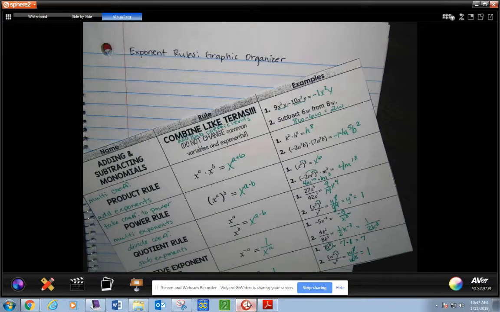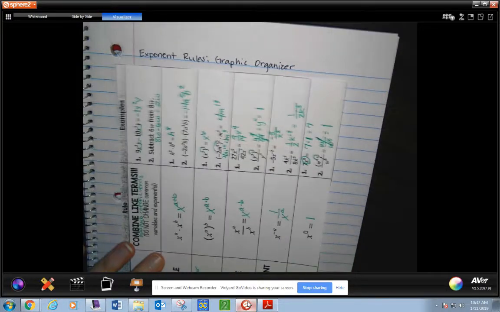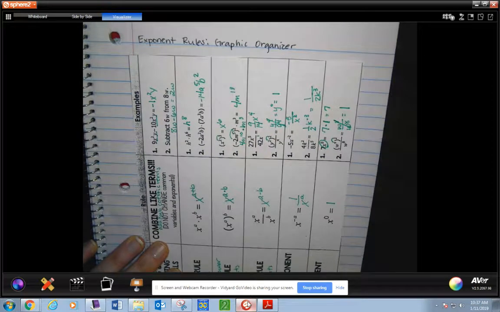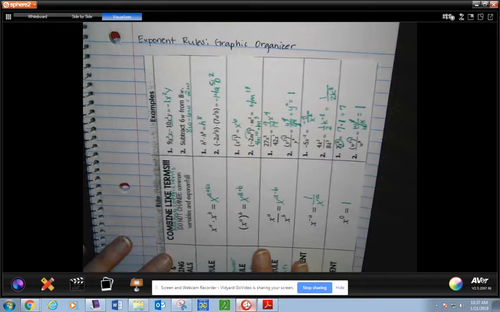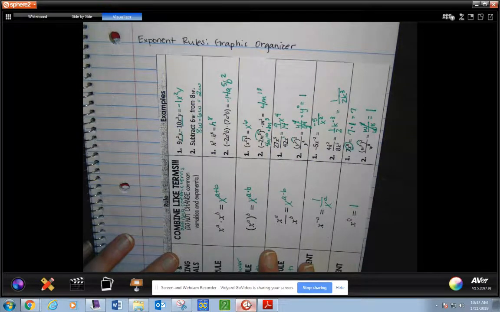Okay, so what I'm going to do now, because I have one more thing I want to show you, is glue my graphic organizer in right here. But I'm going to give myself enough room, so I'm going to do it on the edge. So I'll show you.